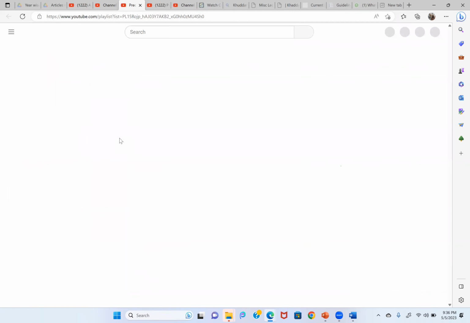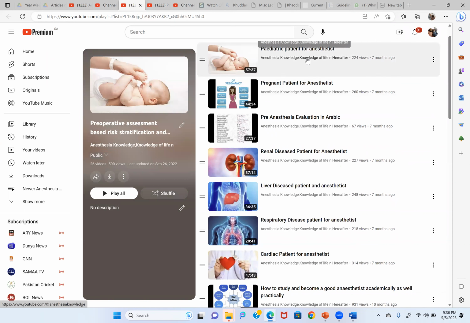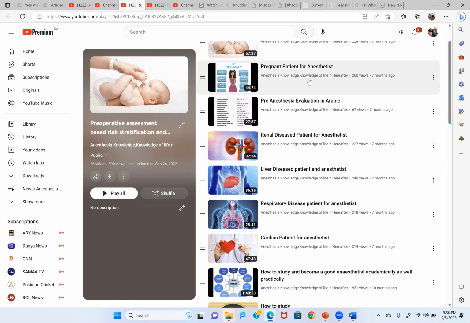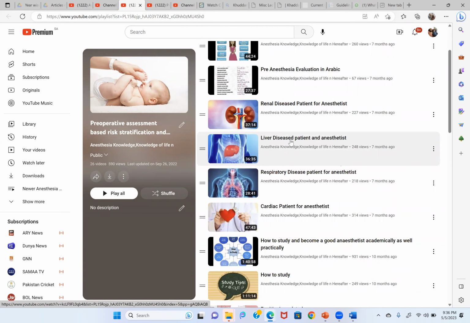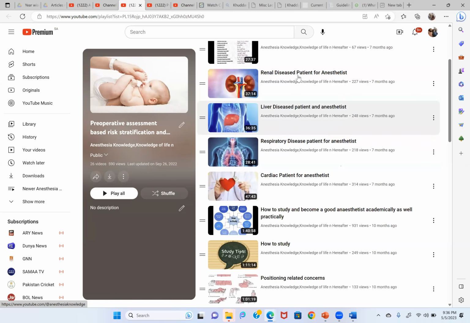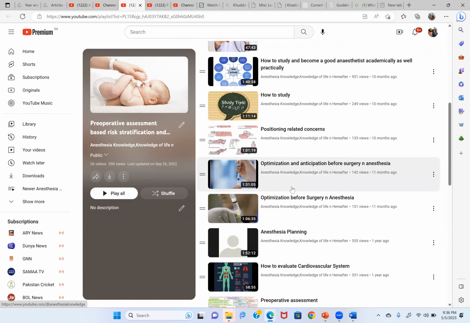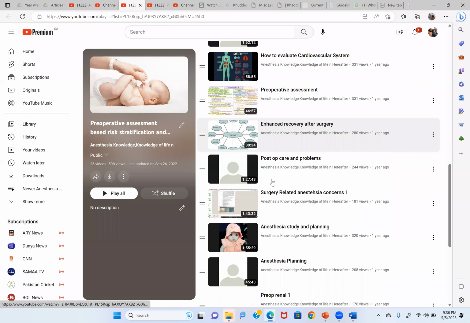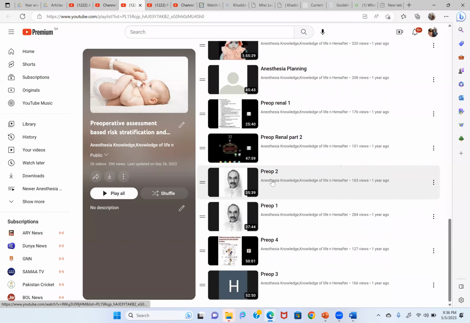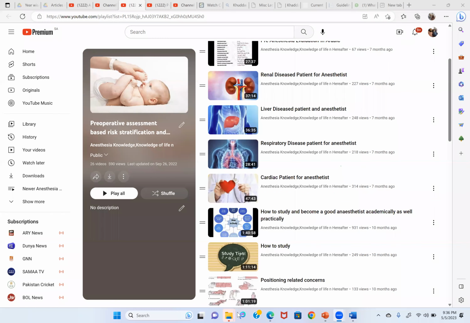Okay, so this is what I have done before in detail: pediatric patient for anesthetics, pregnant patient for anesthetics, renal disease patient for anesthetics. I have discussed all these things many times in detail. So I invite you to have a look at it. If there are things which I am not able to highlight at the moment, maybe I have discussed before how to evaluate the cardiovascular system. Echo I will share with you. So tomorrow inshallah we will make our.